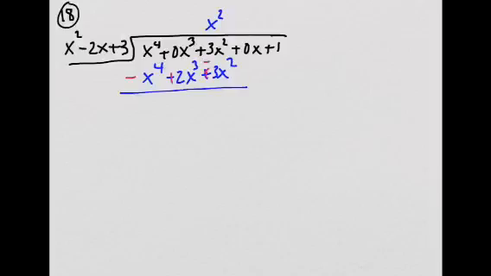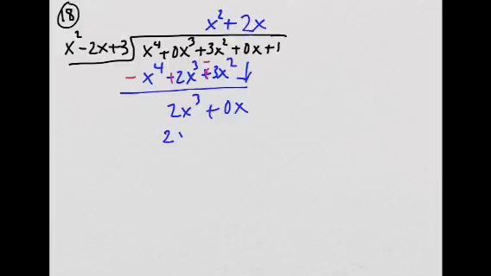So this is going to give me 2x cubed, and I'll bring down the 0x. Then you check x squared times something gives you 2x cubed. So that would be 2x.